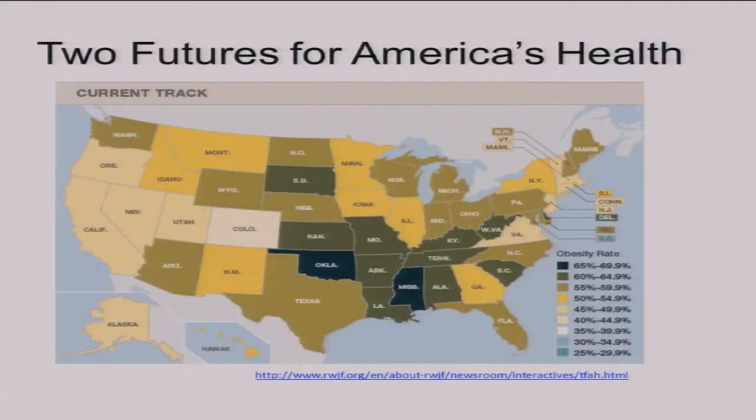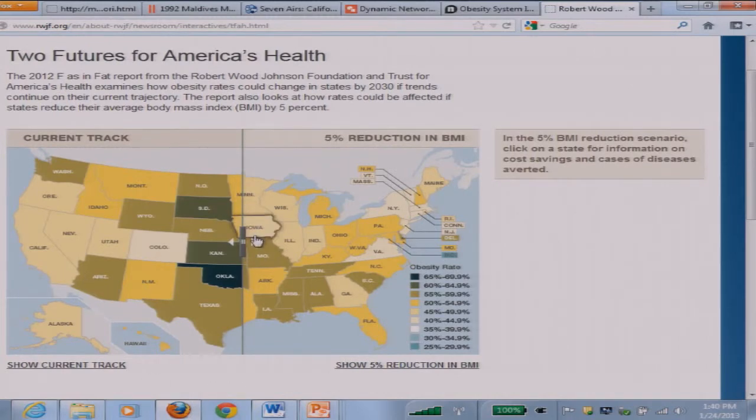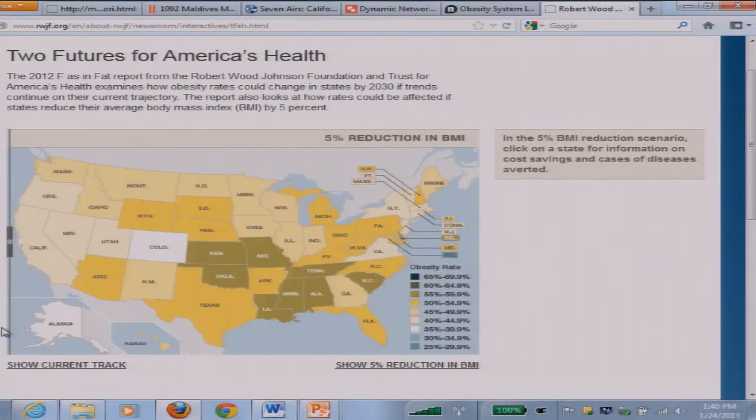There are other types of visualizations which are a bit more dynamic. This is one that I found from the Robert Wood Johnson Foundation, where they talk about this trend. What's interesting about this is there's a slider that talks about our avoidable future. This is the map where it's business as usual, a rather dark map where there are a number of states where more than half of the adult population is obese, to a somewhat brighter future in which each state reduces their BMI levels by 5%.